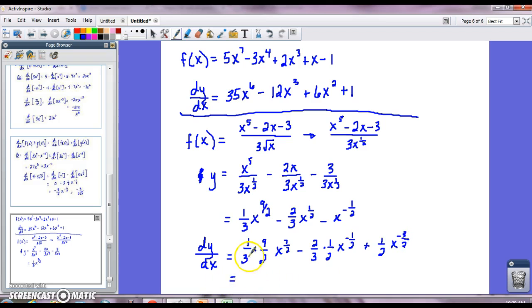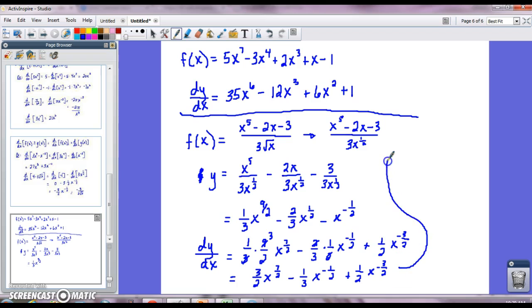And if I simplify that, right here my 2's cancel. So I'm left with 3/2 x to the 7/2 minus 1/3 x to the negative 1/2 plus 1/2 x to the negative 3/2. And that would be my answer there.